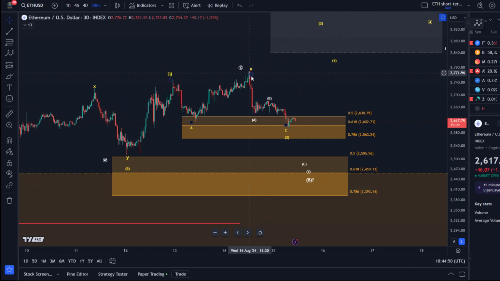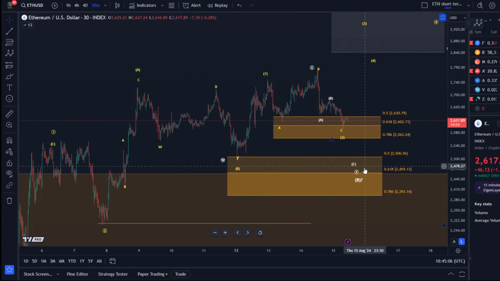And in this scenario, we have an ABC structure to the downside, and we could now start wave C down. Maybe this is a small 1-2 setup, but we could be in the process of moving down in wave C. So in this case, we probably have a little more room to the downside to fill in.